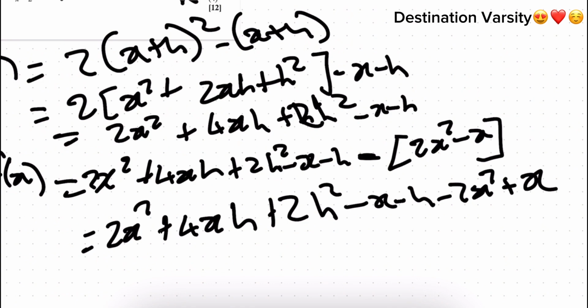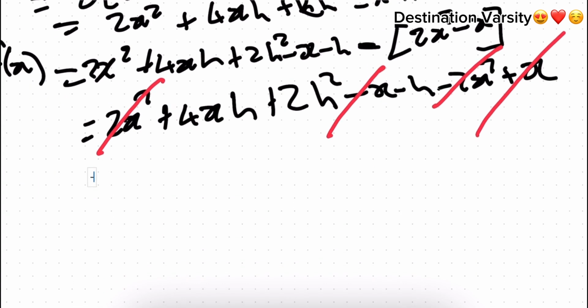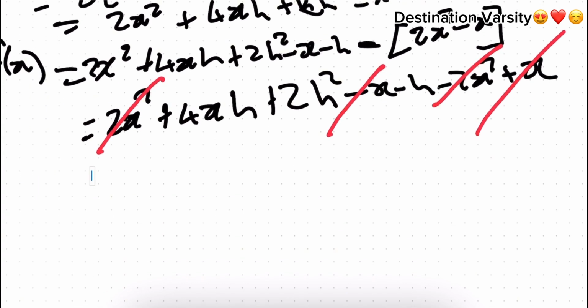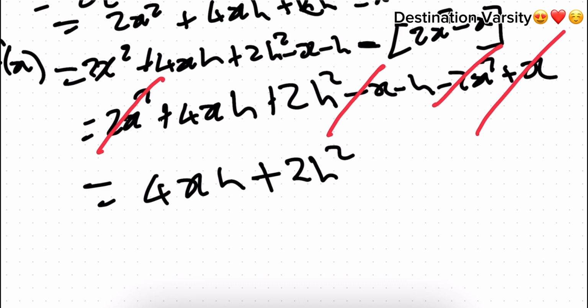Some things should cancel at this point. It's so routine, this will cancel with that. This will cancel with that. Then you're going to be left with 4xh plus 2h squared minus h.